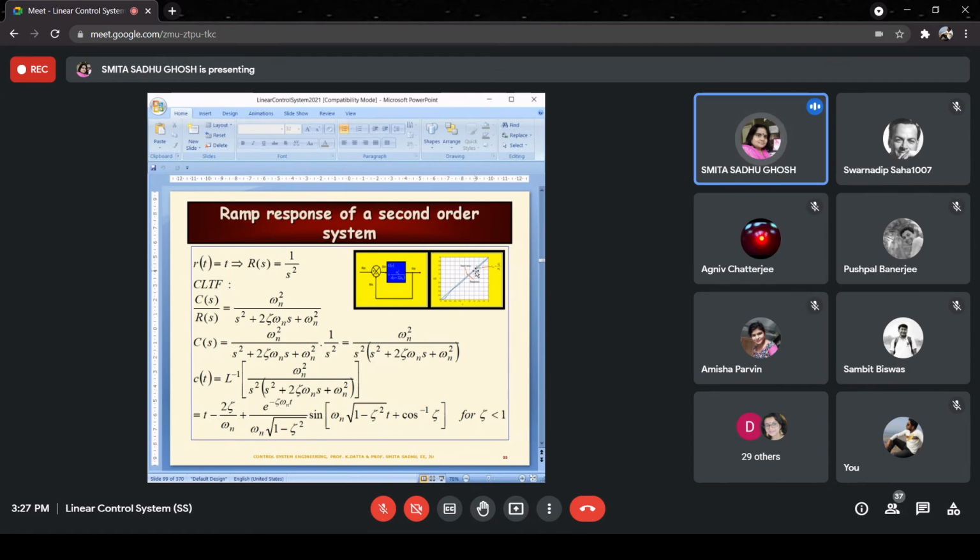The c(t) will be lesser in amount compared to the ramp, meaning that if I were drawing the ramp itself and then drawing c(t) equal to t minus this constant, there would be a difference with the original ramp, such that the output would be lesser compared to the input ramp that I was speaking of, right?